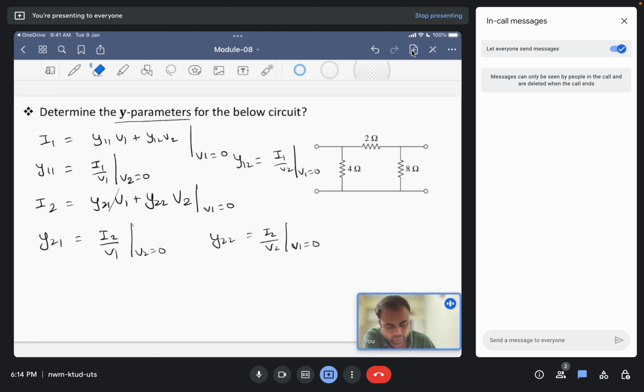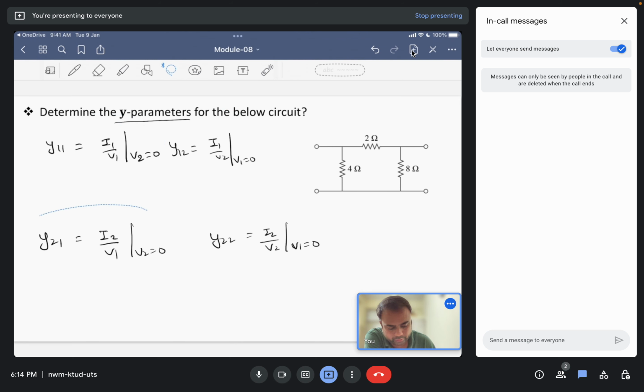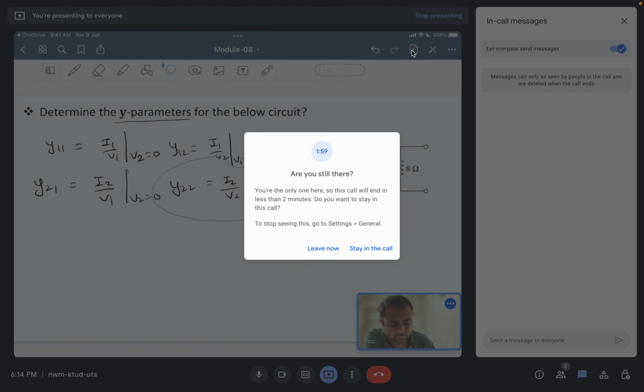So these are the 4 parameters: Y11, Y12, Y21, and finally Y22.